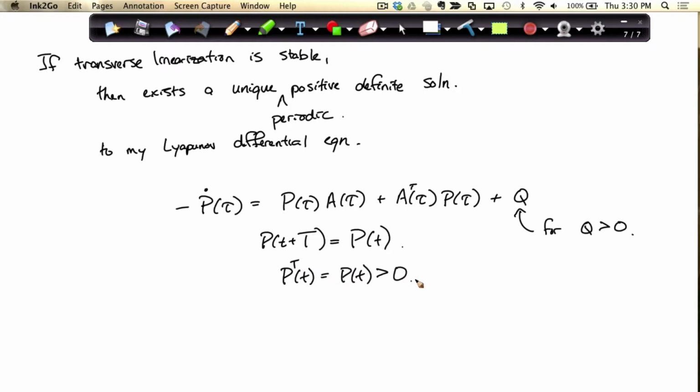Find there's exactly one, which is periodic and positive definite. Then the Lyapunov function proves orbital stability of the system.